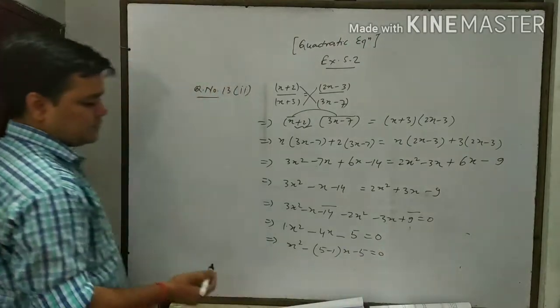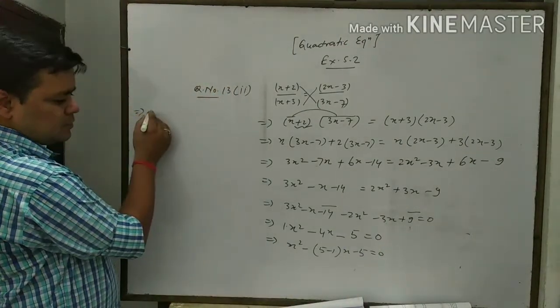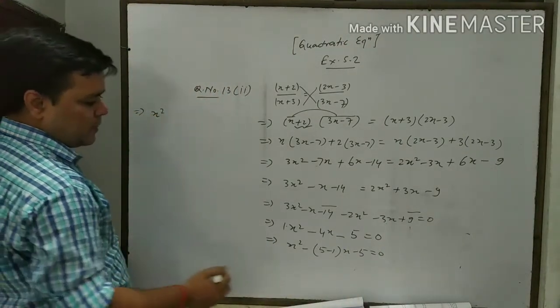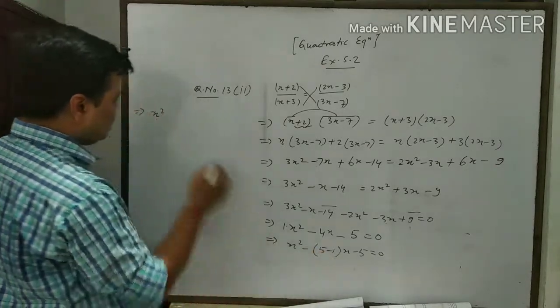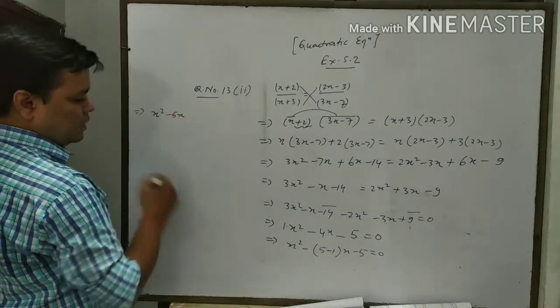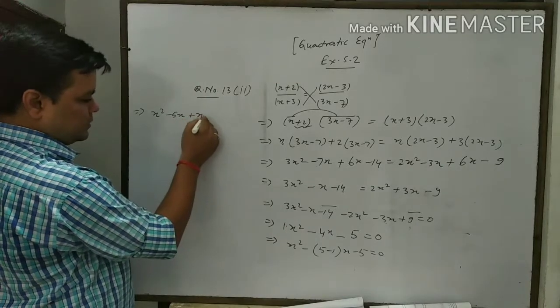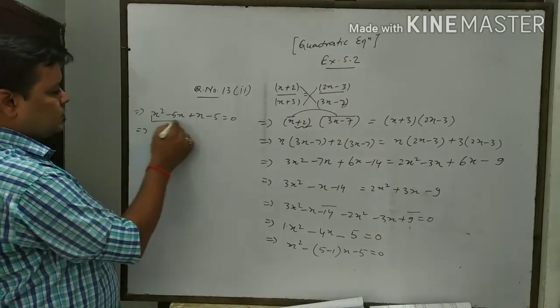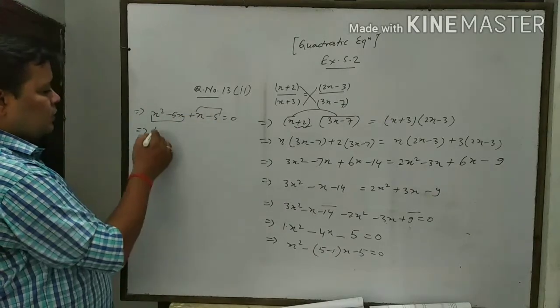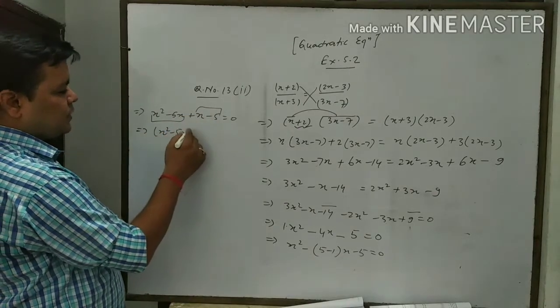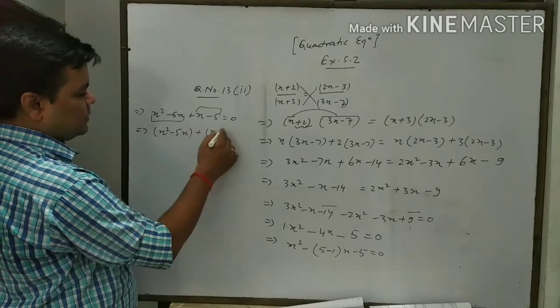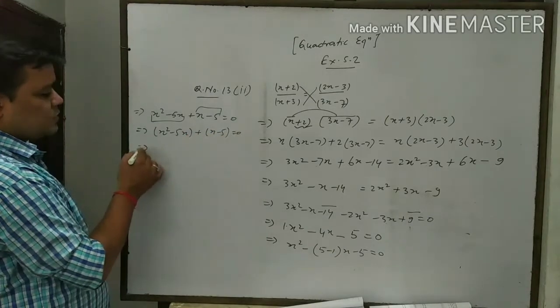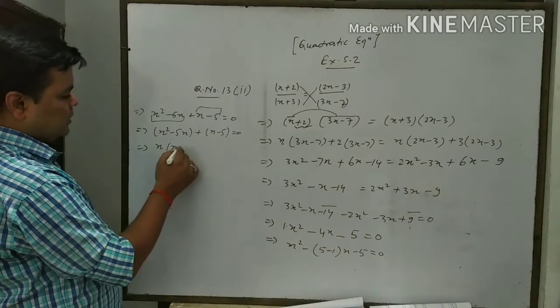Now come to this side. So this implies that x square minus x and a 5 will be minus 5x, and minus minus is plus x, minus 5. Only x minus 5 is common here. It will be x square minus 5x plus x minus 5. What is common here? That is x. It will be x into (x minus 5).